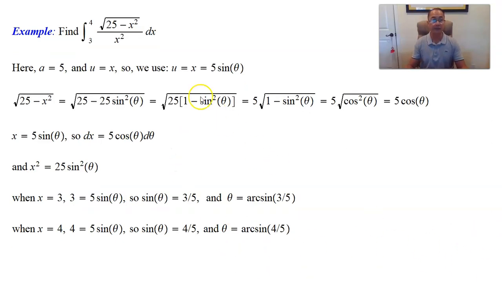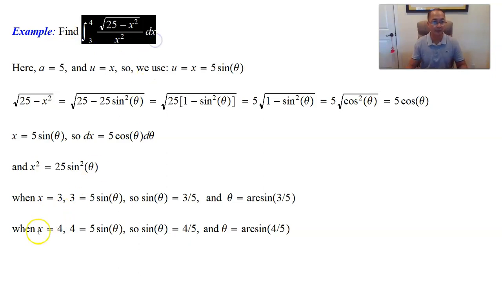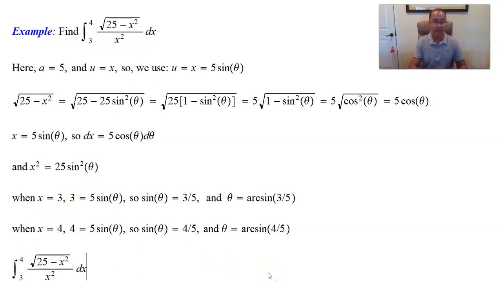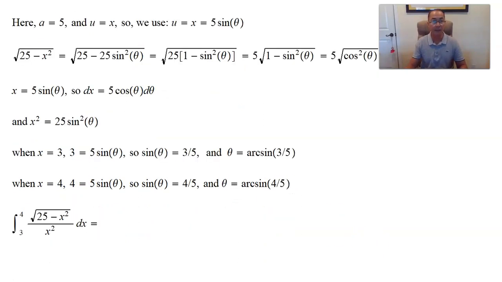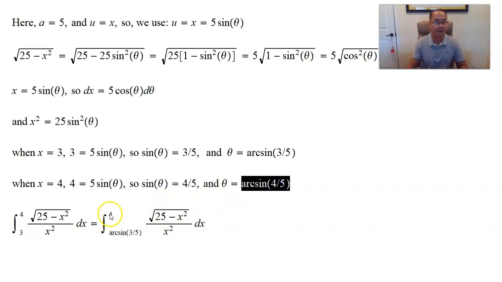We have computed dx, x squared, and the limits. So we're ready. We are so ready. Now that we have the problem written down, I can scroll up. Let's start replacing. 3 becomes arcsine 3/5. 4 becomes arcsine 4/5. Square root of 25 minus x squared. Whoops, my bad, it's right there.